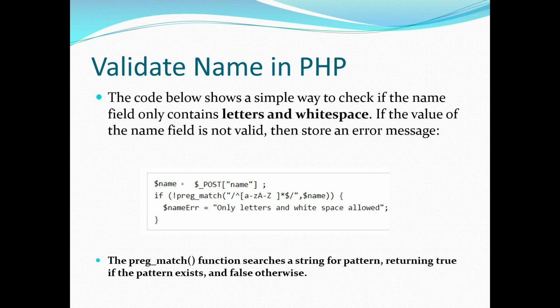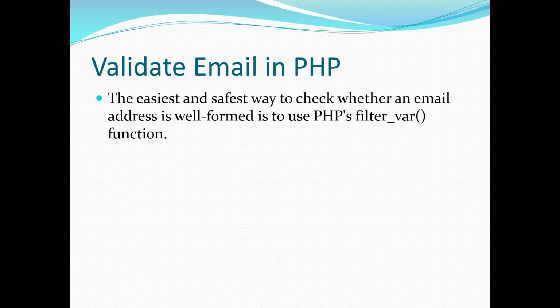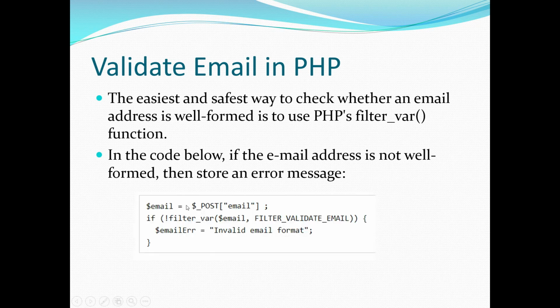To validate email in PHP, the easiest and safest way to check whether an email address is well formed is to use PHP's filter_var function. In this code, if the email address is not well formed, then store an error message. This is the email variable, and I pass it to filter_var as the first parameter, and the second parameter is the built-in filter FILTER_VALIDATE_EMAIL.